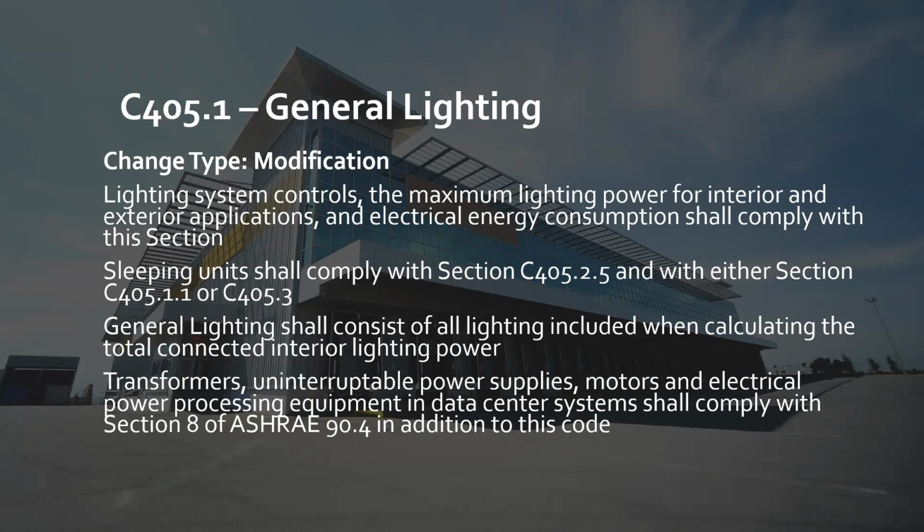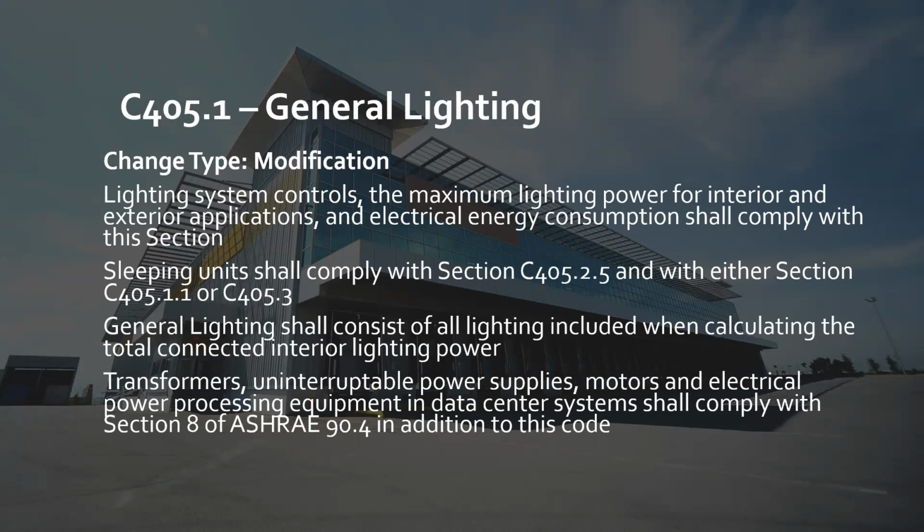So lighting system controls and maximum lighting power for interior and exterior applications, and lighting energy consumption, shall comply with this section. Sleeping units, say in a warehouse or a training facility that's mostly a warehouse but has sleeping units, have specific sections that now need to be followed.